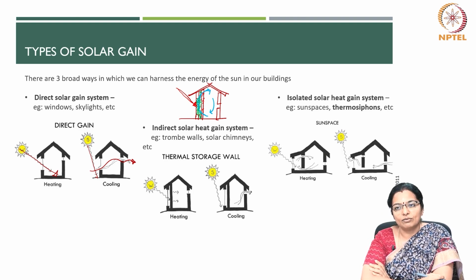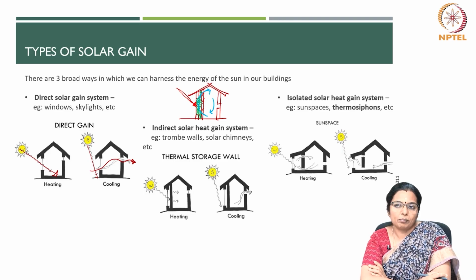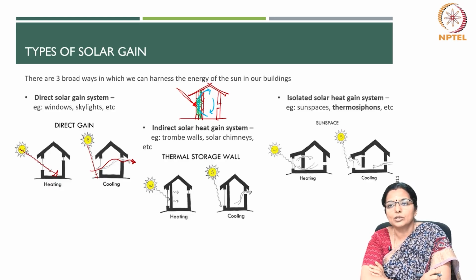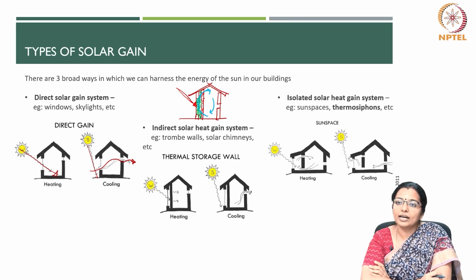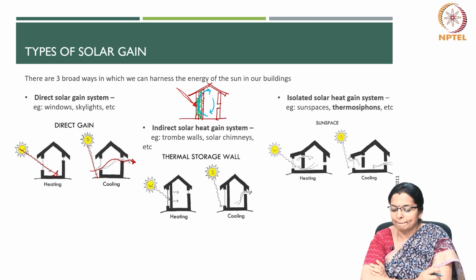The third one, which is of interest to us in today's class, is where a fluid or vapor is passively moved by natural or forced convection to transfer heat from or to the living space with the help of an isolated solar heat gain system, which has its essential components located apart from the building's primary living area.